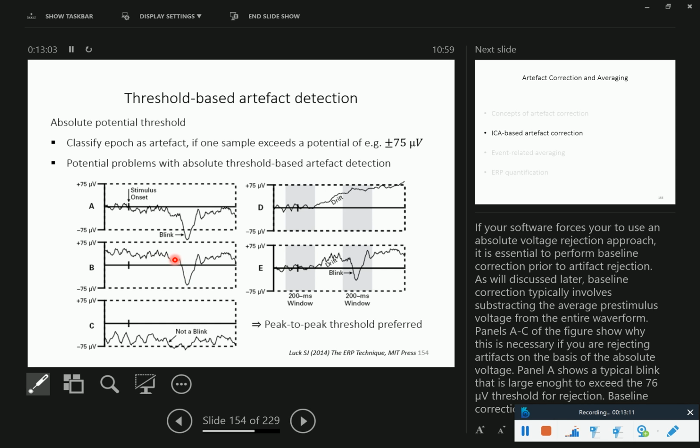You either can define two peaks that are somehow adjacent, or if you find very fast changes between two adjacent samples that are quite big, then you call this an artifact.